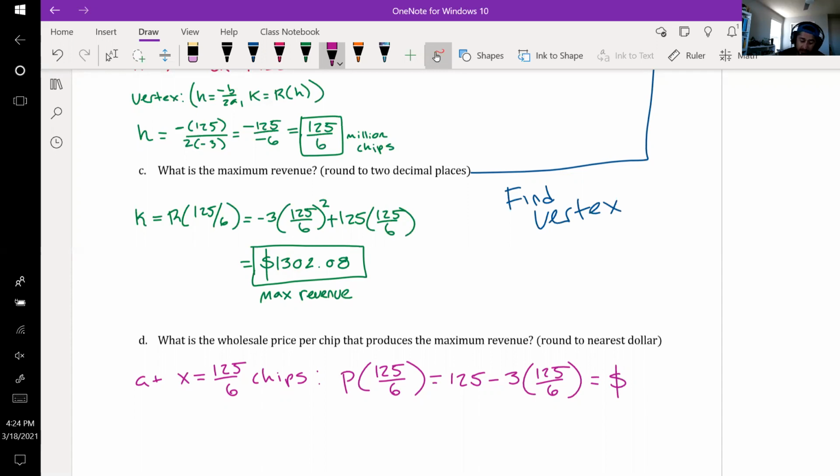You'll get 125 over 2, but this time it wants a decimal number rounded to the nearest dollar. So we're going to get $62.50, but it says round to the nearest dollar, so we're going to get $63. This is the wholesale price per chip that would produce the maximum revenue.